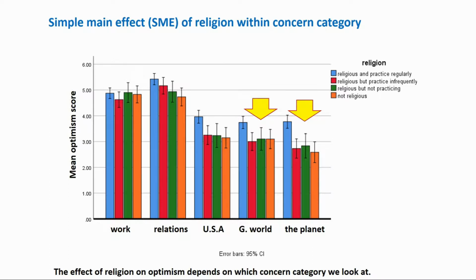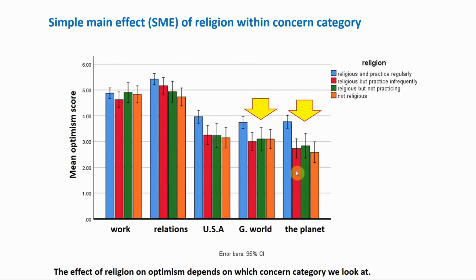And if you said a one-way independent ANOVA, congratulations, you're correct. So again, we have four means, different people in each group. We're going to run a one-way independent ANOVA, but just on this data. We're going to ignore the other data, okay? So just on these four means.